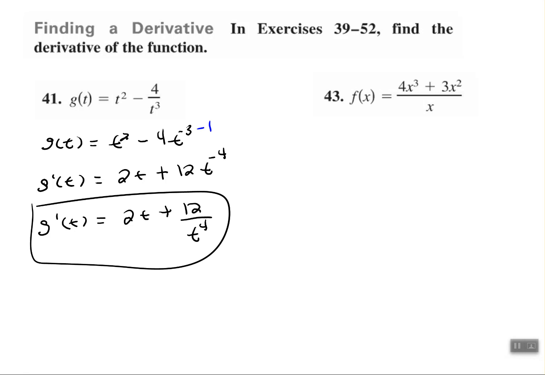All right, number 43. F of x equals 4x to the third plus 3x squared, all divided by x. I would say, first of all, simplify, since all of those have x's, and you can do this a couple of different ways. I'm just going to factor out an x. And that allows me to cancel those x's there.